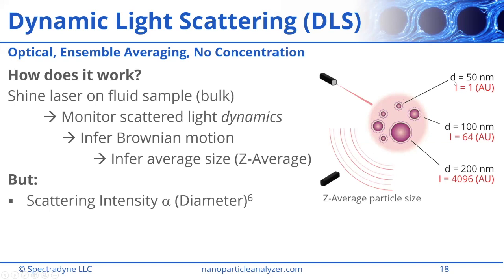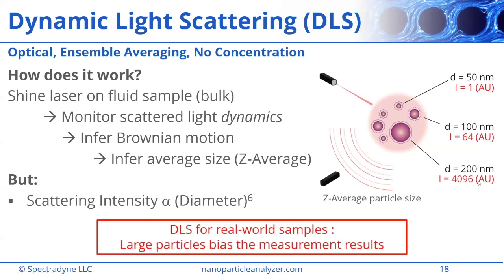So for example, if we say that a particle with diameter 50 nanometers scatters 1 unit of light, then a 2 times bigger particle scatters 64 times more light, and a 4 times larger particle scatters 4,000 times more light. What this means is that in a real-world sample, when there are a range of particle sizes in the sample, the dynamic light scattering measurements are heavily biased by large particles in the sample.